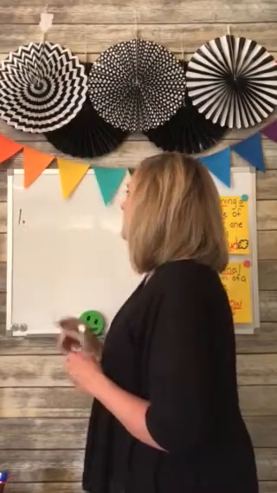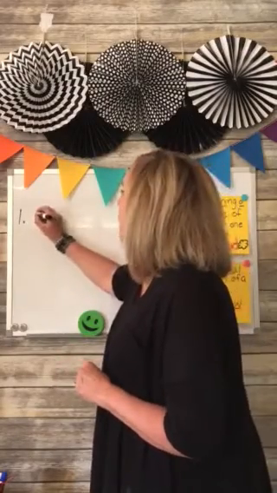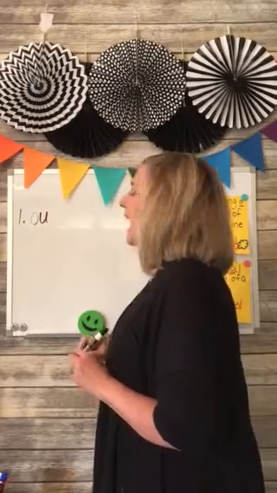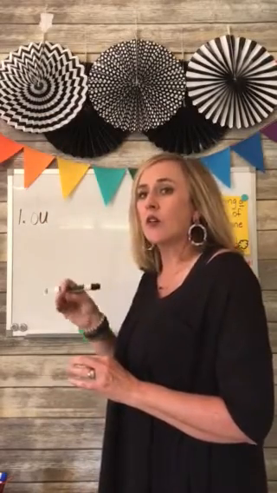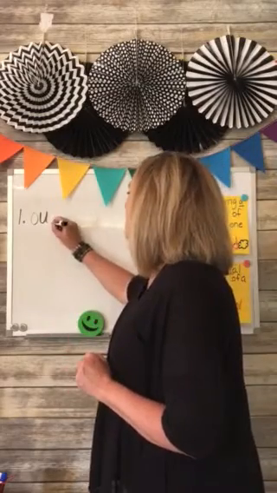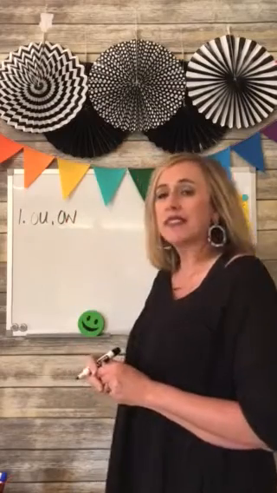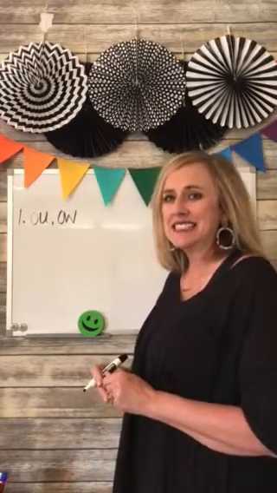The first vowel team we have learned that makes the ow sound is OU. We learned that OU can make the ow sound at the beginning or the middle of a syllable or one syllable word. We also learned OW. This vowel team will make the ow sound at the end of a syllable.